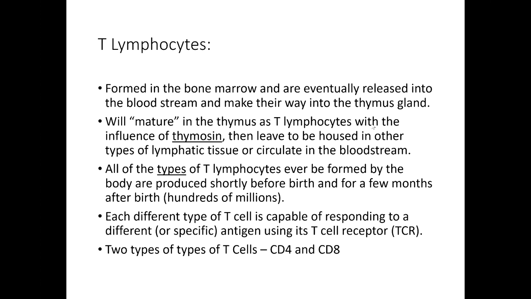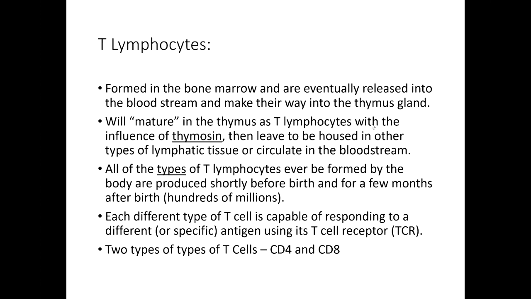They mature in the thymus under the influence of a hormone known as thymosin. So when the T cells are going through that maturation process, they're going to develop and they're going to differentiate either into what we call a CD4 or T4 cell, or into a CD8 or a T8 cell.